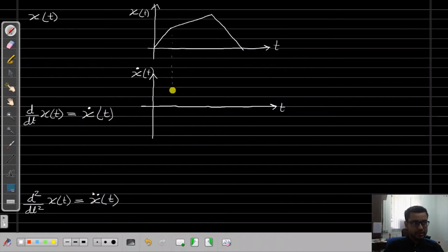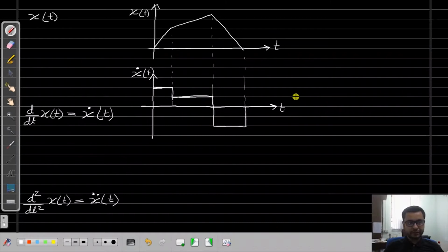So in this region, the derivative is positive and has some value. Next, within this region, the derivative is still positive, constant, but has a lower value. Then in this region, the derivative is negative, like this. So this is how the derivative of x of t looks.